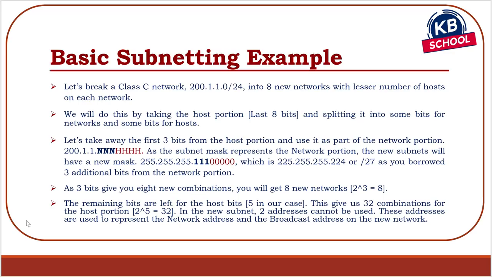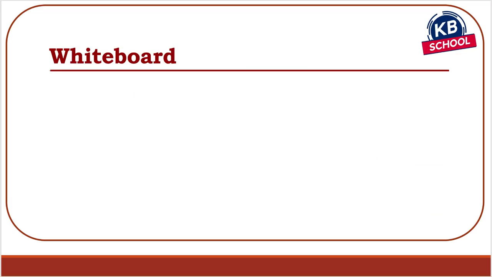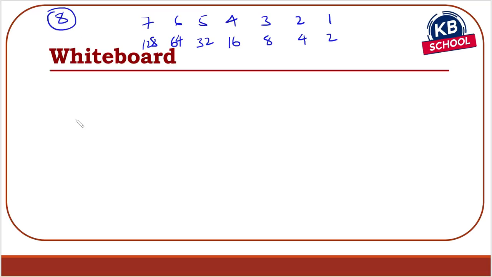Again, going back to my table. I'll write that table one more time for you guys so that you can figure that out. 1, 2, 3, 4, 5, 6, and 7. Start with 2, keep on doubling. 8, 16, 32, 64, 128. And if I need 8 networks to be created, I need to borrow 3 bits. So that's the first thing I need to figure out, is how many bits do I need to borrow to fulfill my requirement.